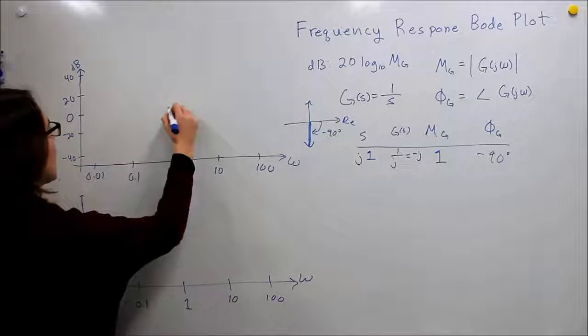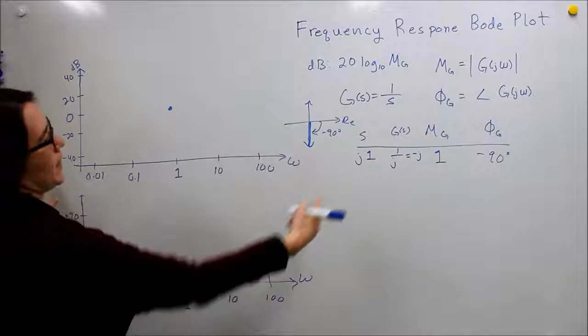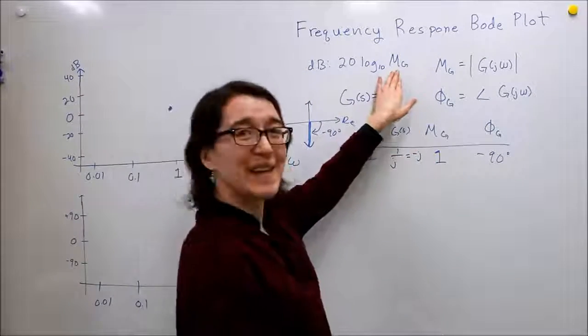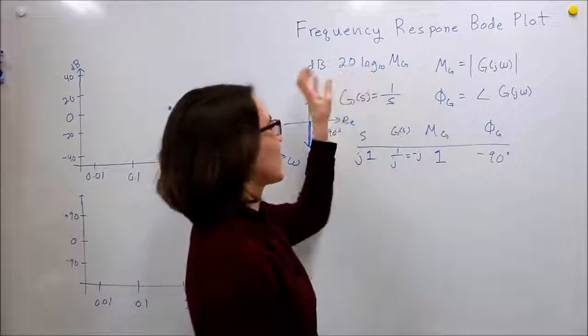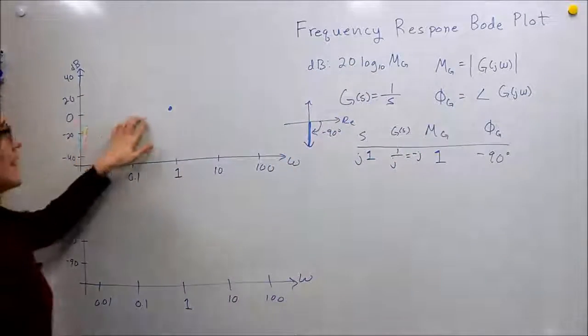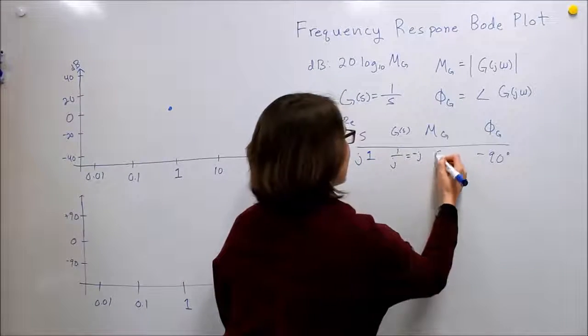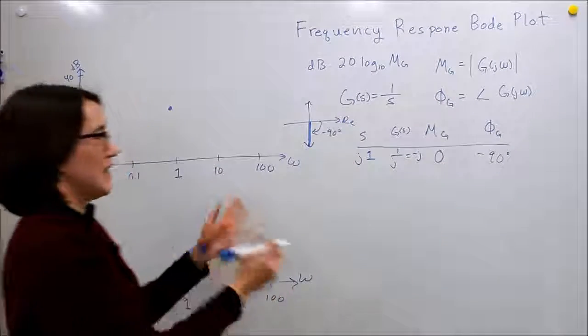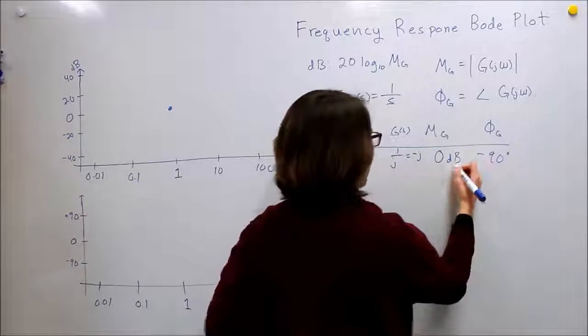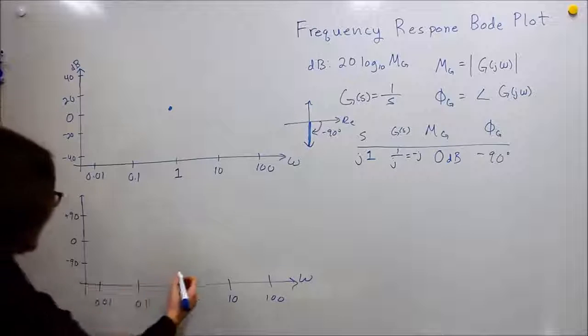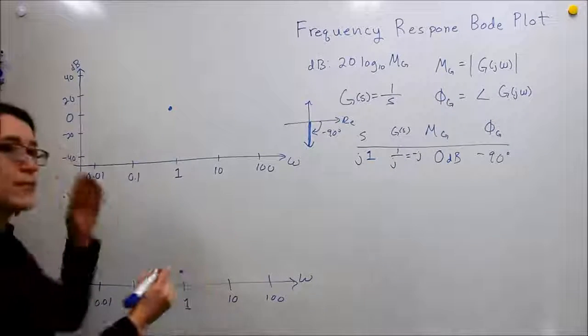If we put 1 into dB, we get 0 times 20, so we get 0. So I should write it in dB here technically. Okay, 0 dB for our magnitude and negative 90 for our phase.